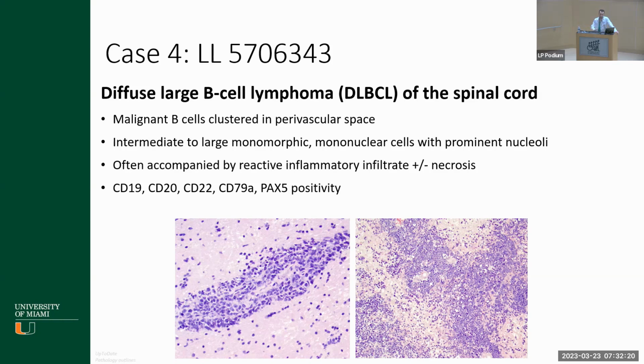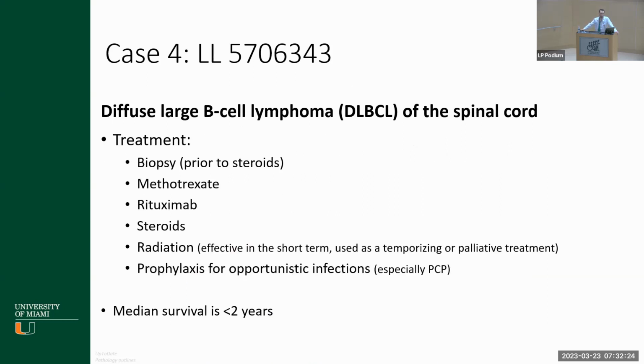And Dr. Saad went through it very thoroughly. In terms of the treatment, biopsy is important, obviously, and steroids prior to biopsy can diminish the yield of the biopsy. And then methotrexate, rituximab, and steroids in terms of the medical treatment, and then radiation, which can be effective in the short term, as was seen in this patient, but it's usually just a temporizing or palliative measure.